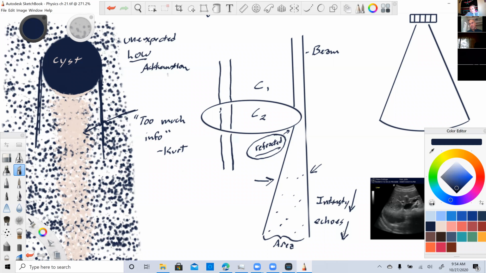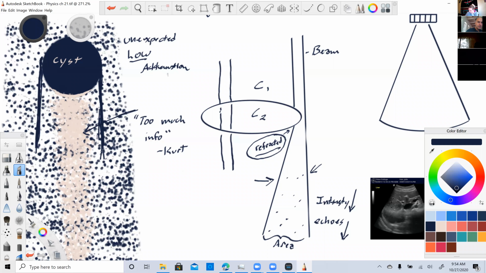The strength of the echo is directly dependent on the strength or the intensity of the beam. So by spreading that beam out, we're making it weaker, and the echoes are weaker, and it creates an edge shadow. Depending on the structure, depending on the speed of sound, that edge shadow is sometimes very straight, like this one over here that I drew, just straight on down.